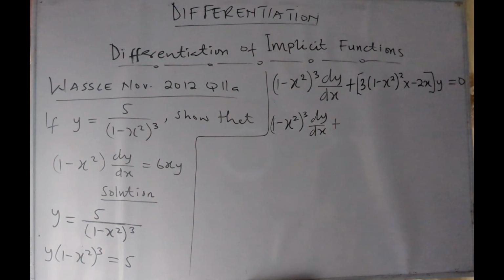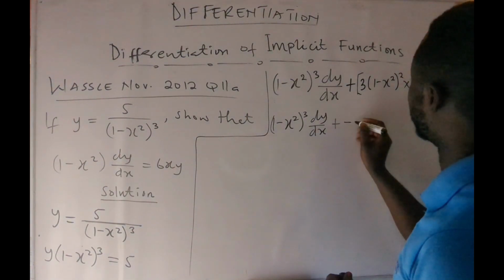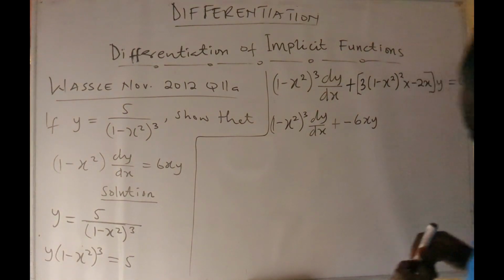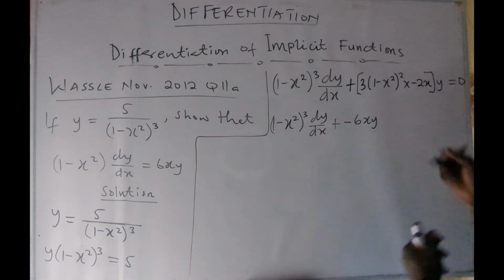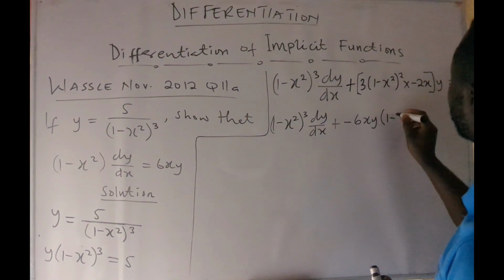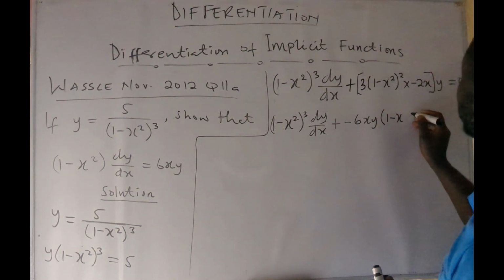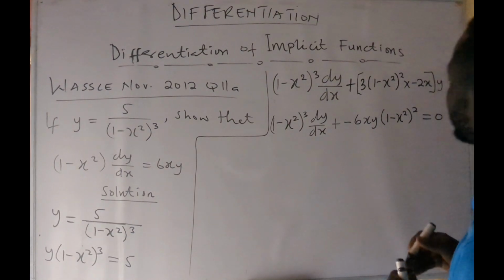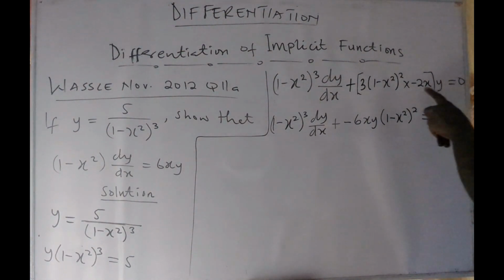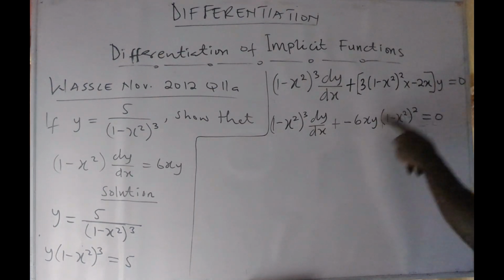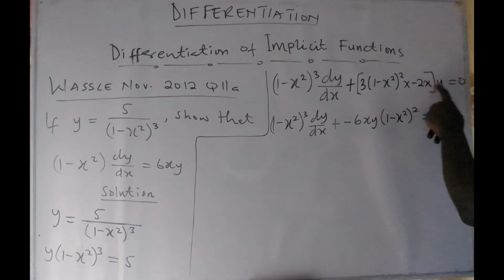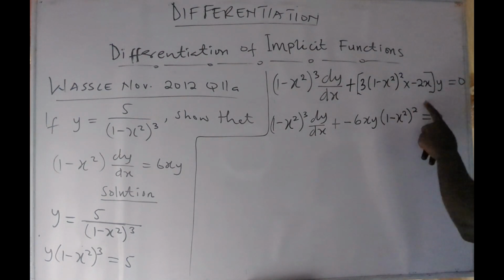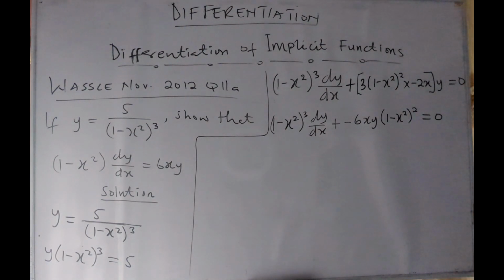Minus 6x times y will give us minus 6xy. All right. Then multiply by our (1 minus x squared) all to the exponent of 2 equal to 0. So 3 times minus 2 is minus 6 times x times y. Then also multiply (1 minus x squared) to the exponent of 2 equal to 0.